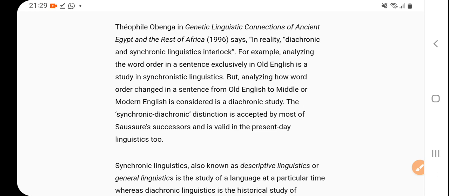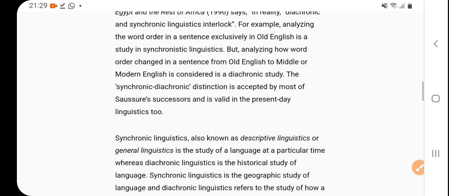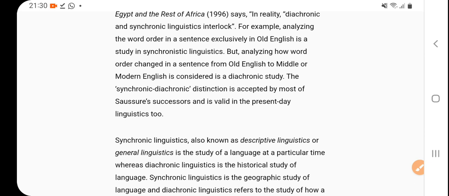For example, analyzing the word order in a sentence exclusively in Old English is a study of synchronic linguistics. But analyzing how word order changes in a sentence from Old English to Middle English to Modern English is considered a diachronic study. The synchronic-diachronic distinction is accepted by most of Saussure's successors and is valid in present day linguistics too.